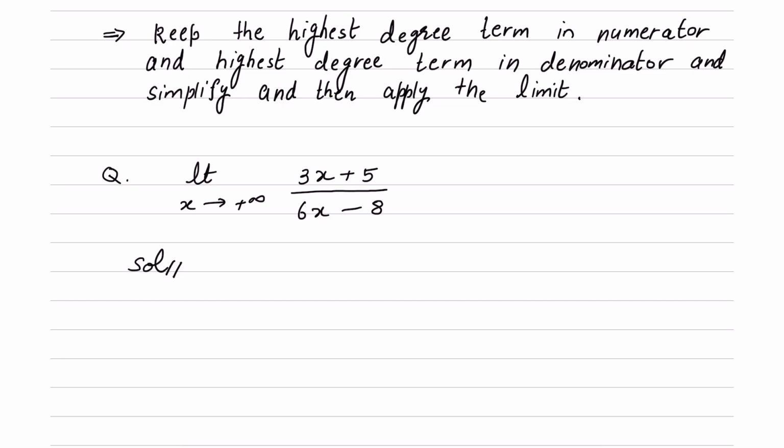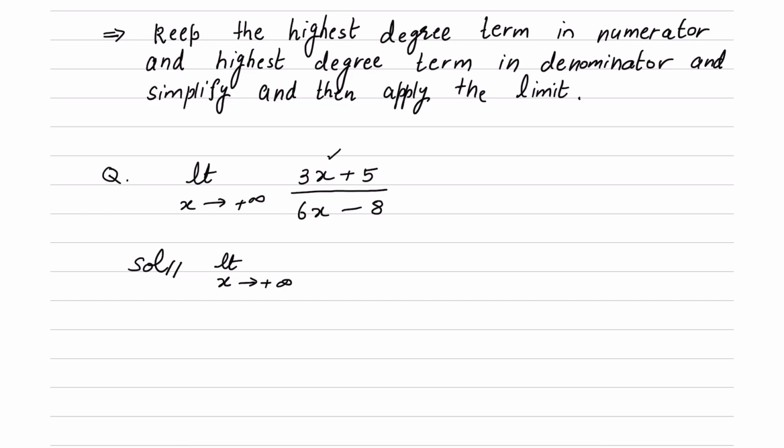So it's the limit at infinity and the rational function here is 3x plus 5 divided by 6x minus 8. As stated before, we will keep the highest degree term in the numerator. Now we can see that the numerator has two terms. In one term the power on x is 1 and in the other term the power on x is 0. x to power 0 is 1.